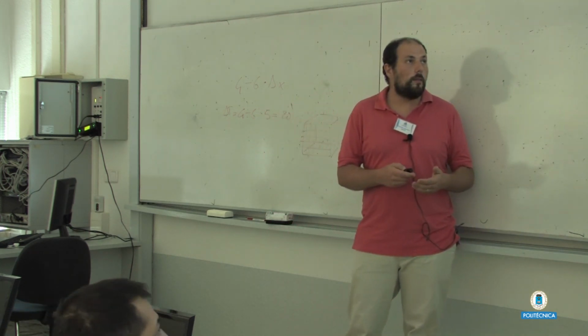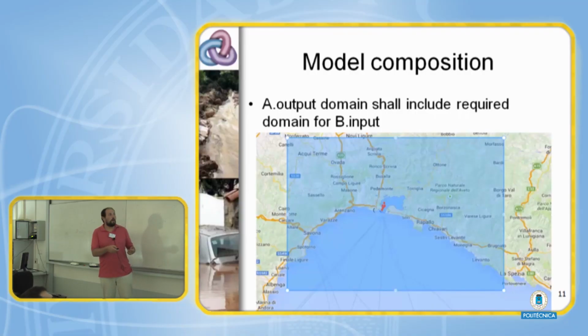This is, for example, a representation of the basin required by a hydrological model executed on the Bisagno River. In this case, the meteorological model domain has to contain the basin.